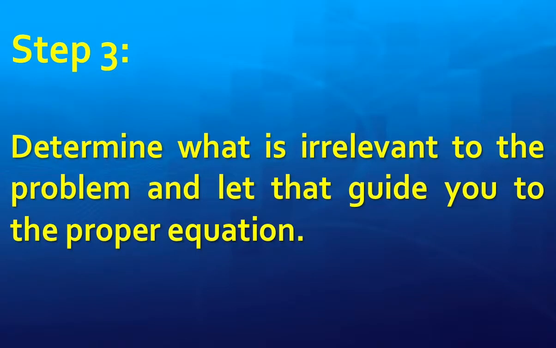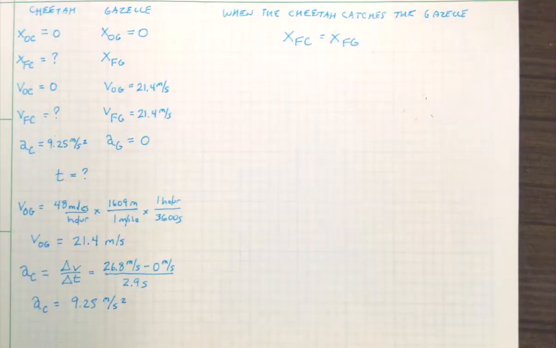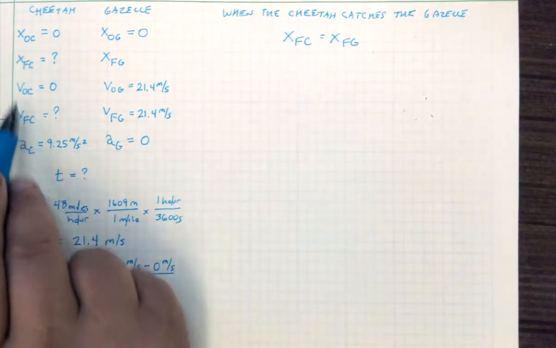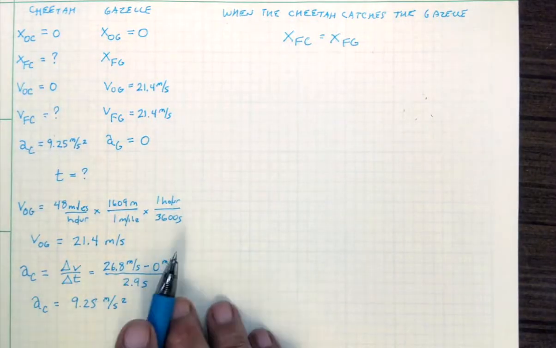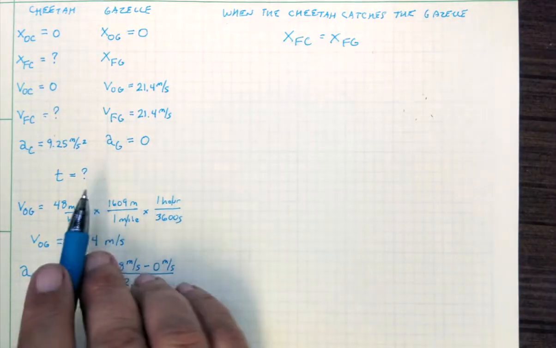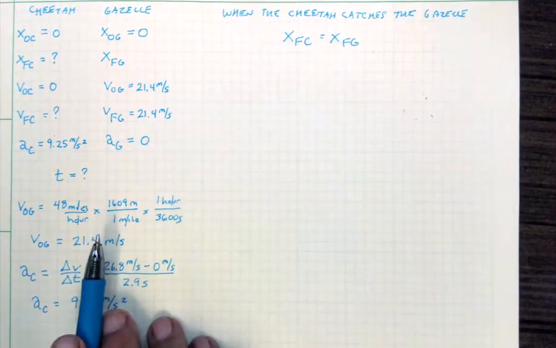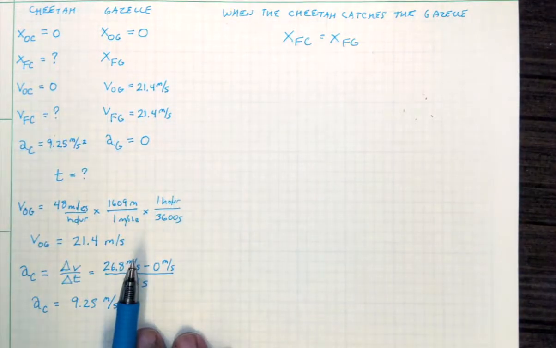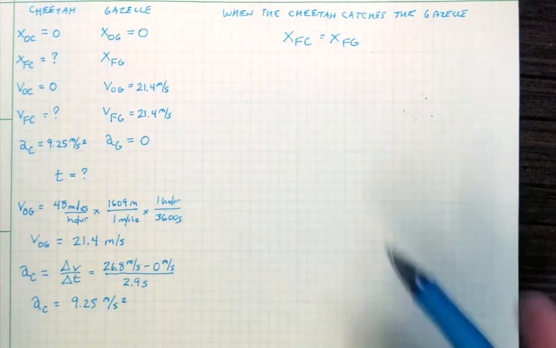Step 3 in this problem-solving process is to look to see what quantities are irrelevant to the problem. And for this first problem, all we're asked for is the time, and so these two variables, final position and final velocity, can be considered to be irrelevant. So if we can find an expression for the final position that does not depend on final velocity, we can solve the problem.